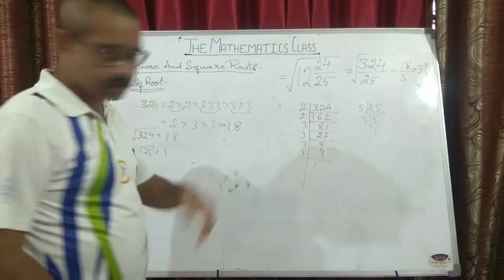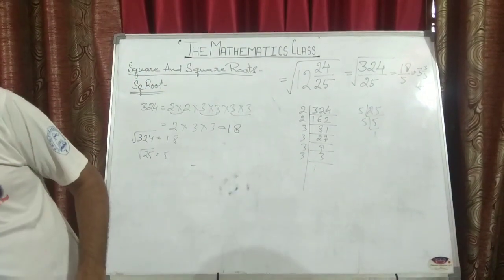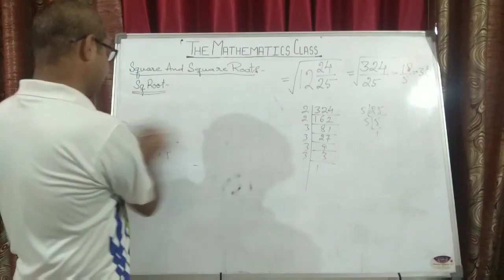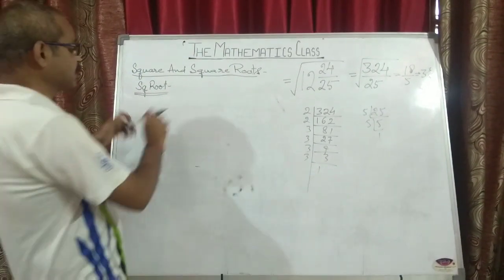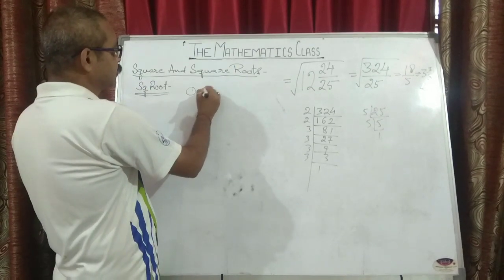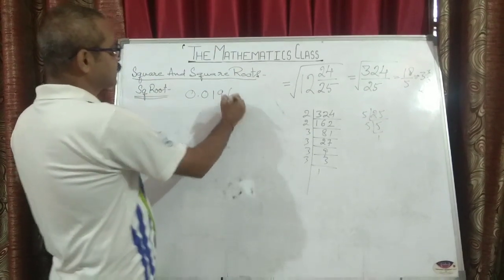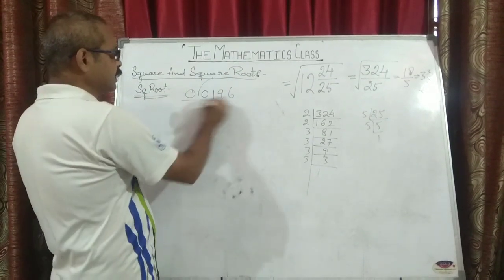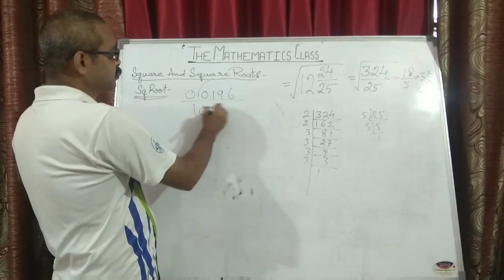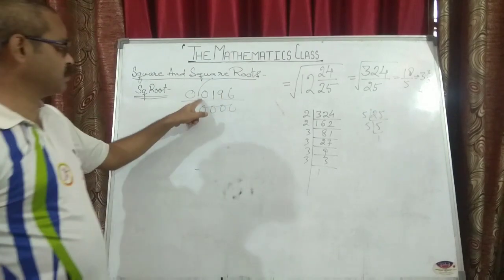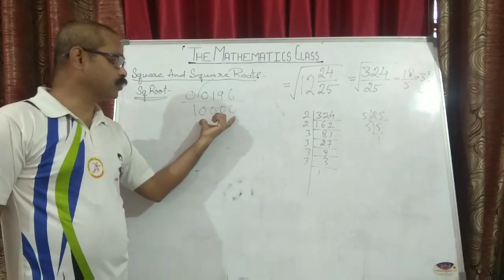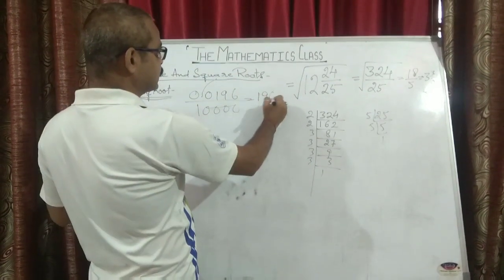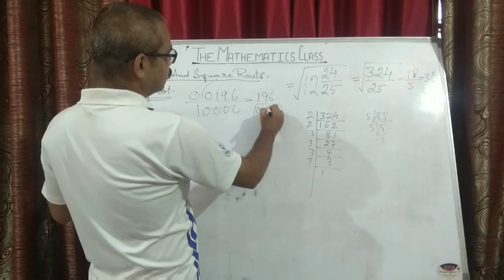Now similarly, suppose this question had been: find the square root of 0.0196. So what we would have done, we would have removed the decimal, increased 1 2 3 4 zeros. You can see 4 digits are there, so 4 zeros will be there. So now this number converts to 196 upon 10,000.